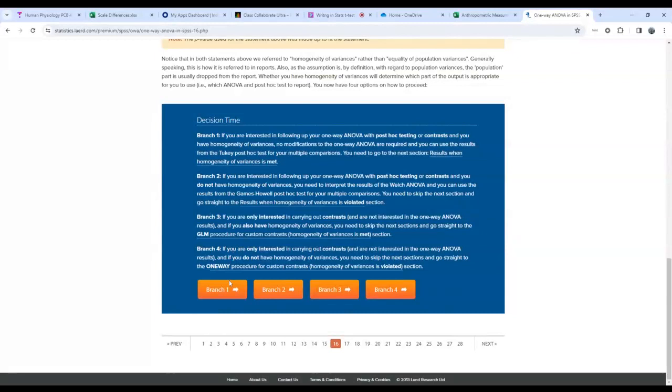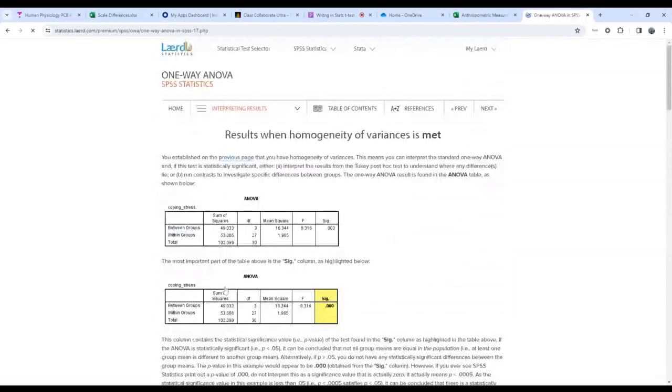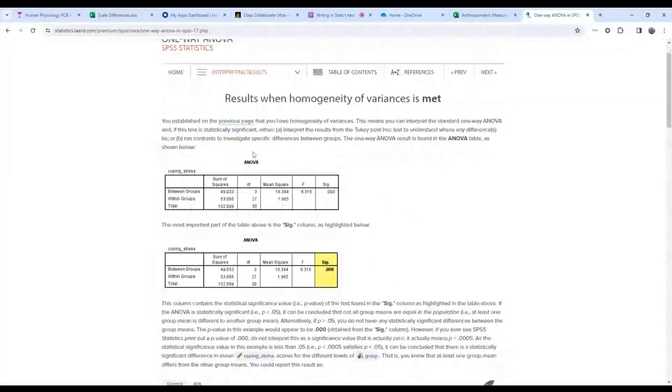So I'm actually going to go to this branch 1. It gives you different options. So here's our ANOVA table. So between groups, coping stress, degrees of freedom 3, F score 8.3, which is pretty high, significance 0.000. So we know there's a difference between the 4 different groups.